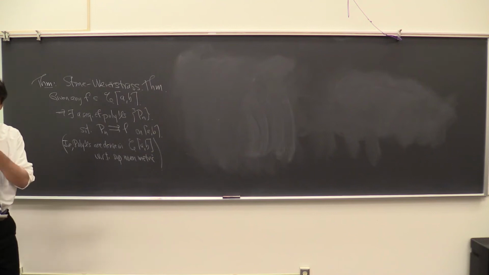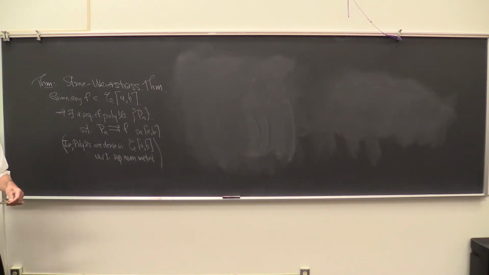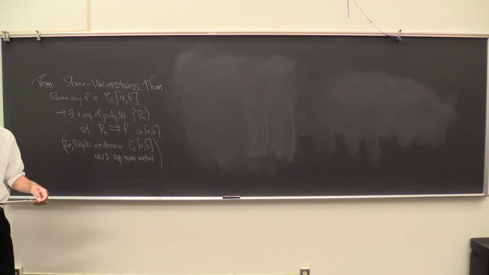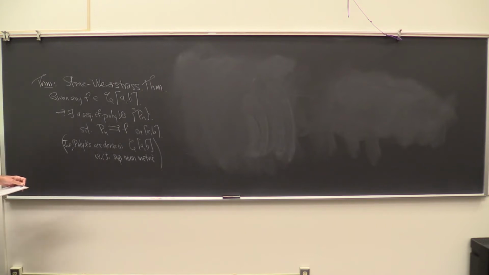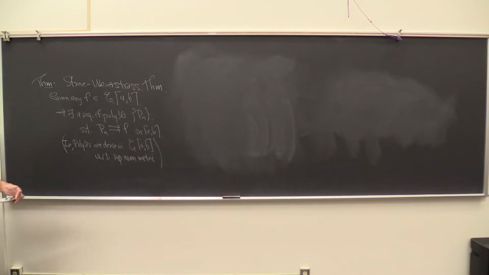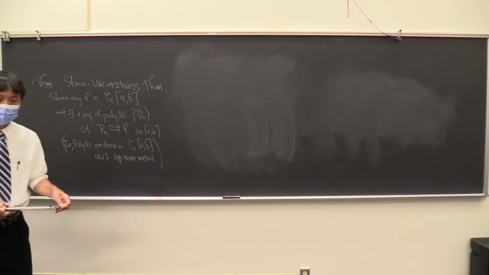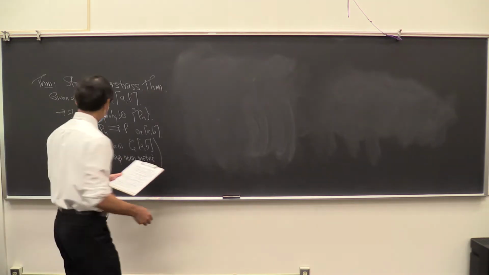Like I said last time, this is an important theorem, but what's more important for you as students is to see the technique involved. The proof will involve a technique called approximation of the identity, which is used in analysis quite a lot.